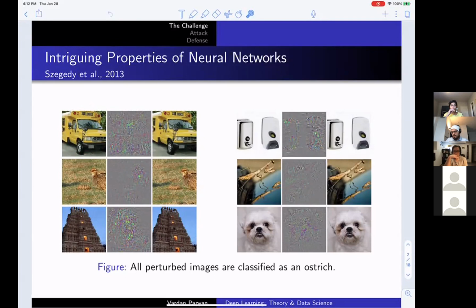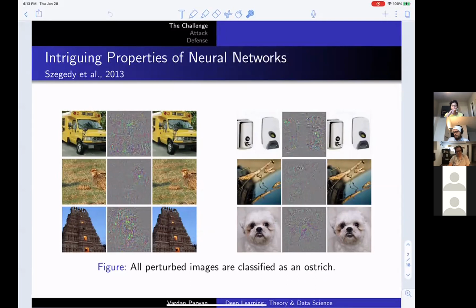Then you can create a new image that looks essentially the same. You cannot see any difference between this image and this image. But this perturbed image is classified as an ostrich. Ostrich is this strange bird that doesn't look like a bird, right?